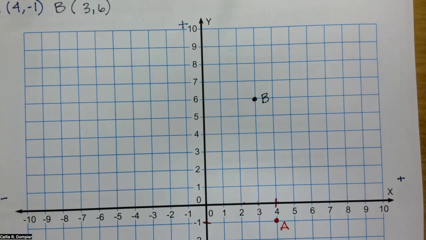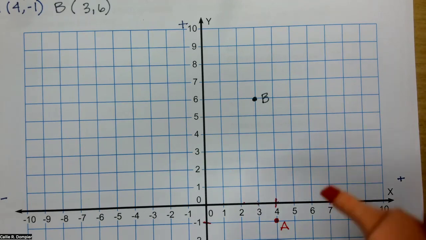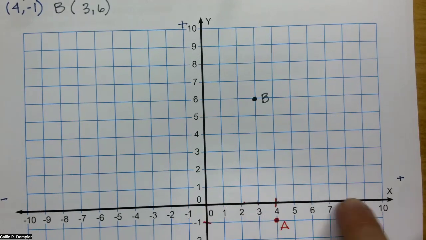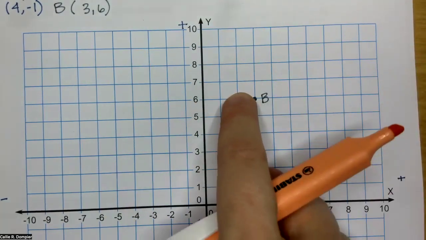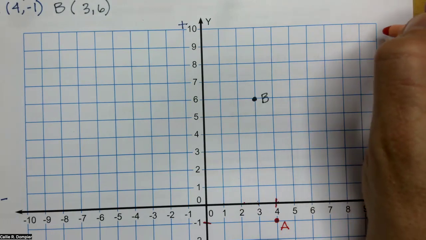What was the next part of the problem? They asked us to tell what quadrant it's in. I'm going to number these quadrants. These numbers never change, so we just memorize them. You start at the quadrant where both the x and y values are positive. Right over here is quadrant 1.